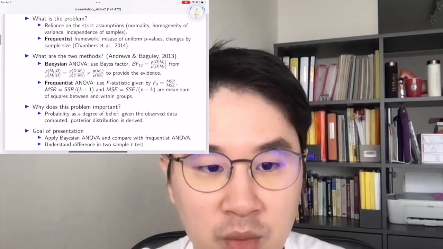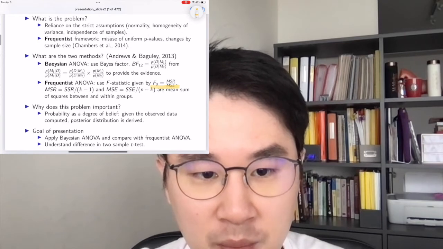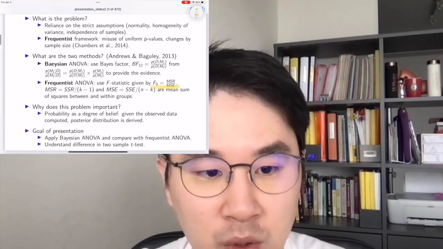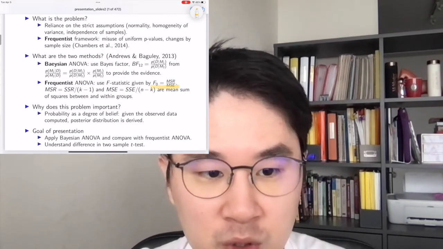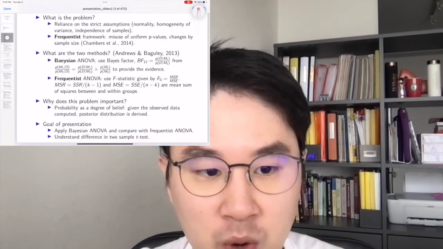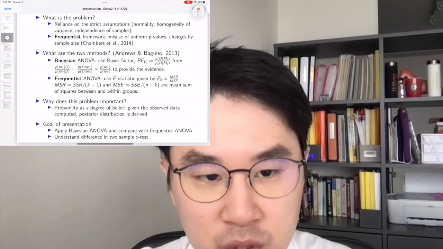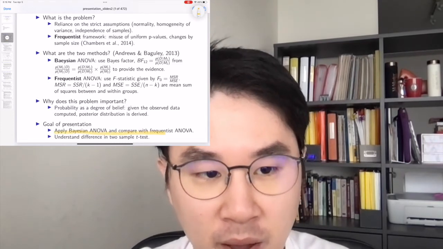However, frequentist ANOVA uses the F-test statistic, given by the fraction of MSR divided by MSE, together with the p-value that is constructed based on strict assumptions. The main difference between the frequentist and Bayesian frameworks lies in the interpretation of direct probabilities from the posterior distribution. Hence, the goal of this presentation is to provide a guide for conducting and interpreting Bayesian ANOVA.